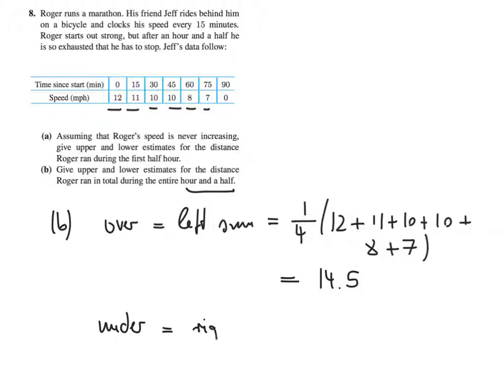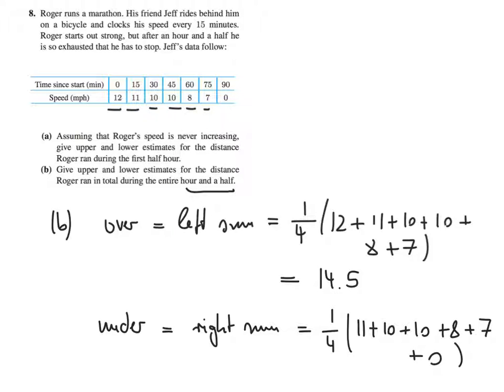And similarly, the underestimate would now be the right sum, and that is equal to 1/4 times 11 plus 10 plus 10 plus 8 plus 7 plus 0. You see already it will definitely be an underestimate, because you have this data point 0 here.